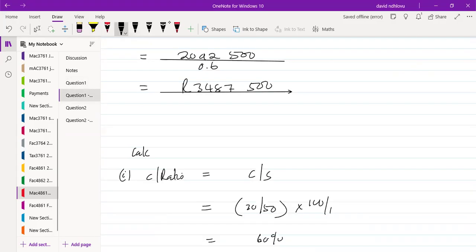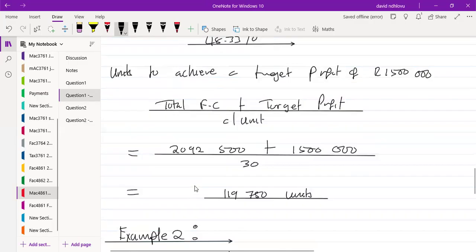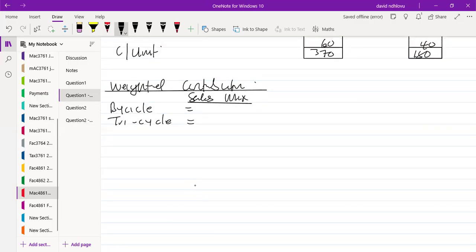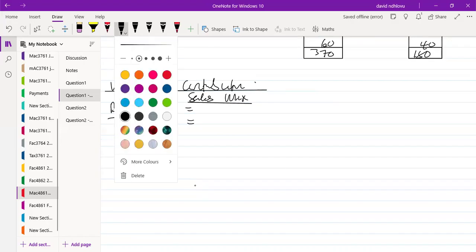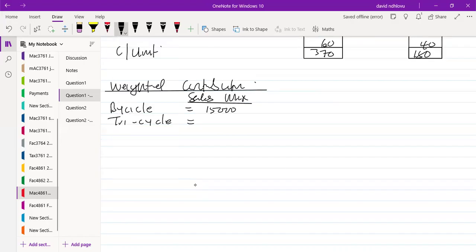So as our plan as an entity, we have planned to sell 15,000 units here and 18,000 units there, which gives you a total of 33,000. Then to get the weight, you say 15 over 33 and 18 over 33, and then you get your percentage.